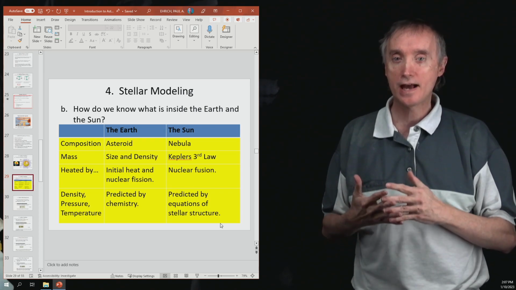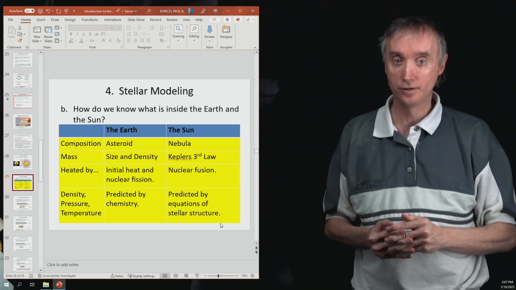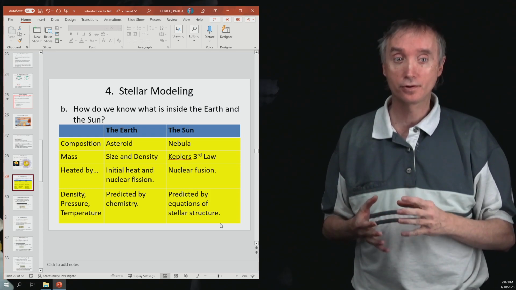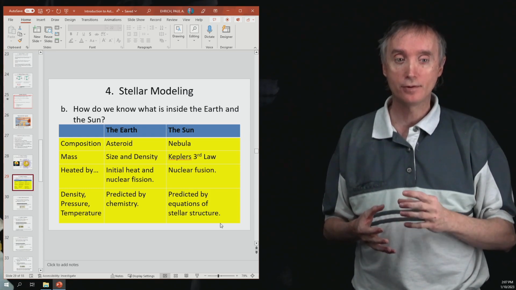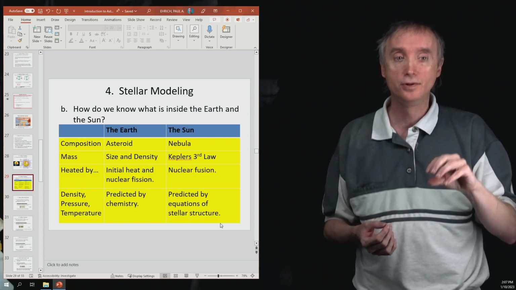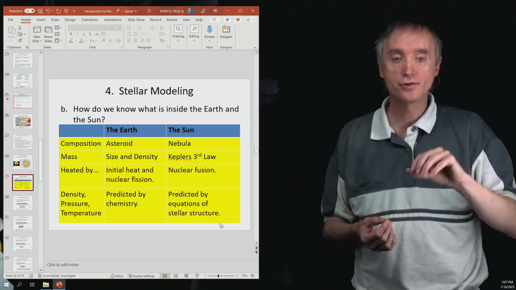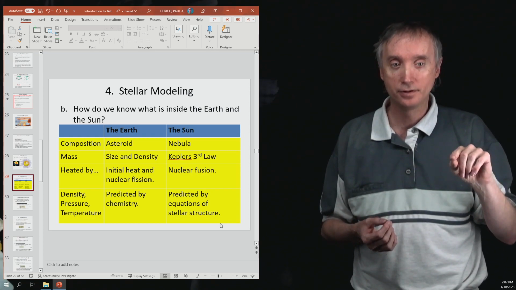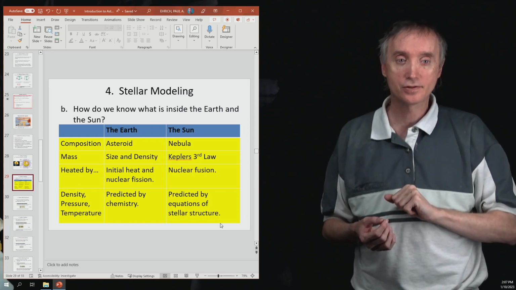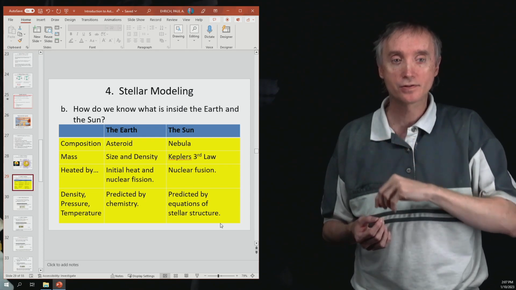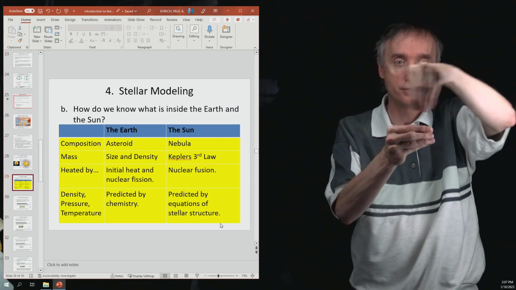Okay, the next thing is, how do we know the mass of the sun? This comes from Kepler's third law of motion. So that was the one that said that the period squared was equal to the semi-major axis cubed divided by the total mass, the mass of the planet plus the mass of the star that it was going around.